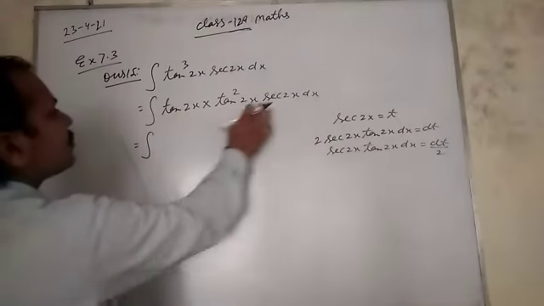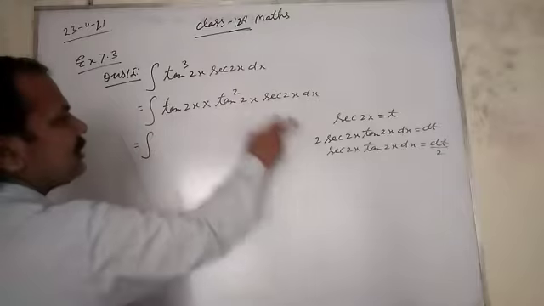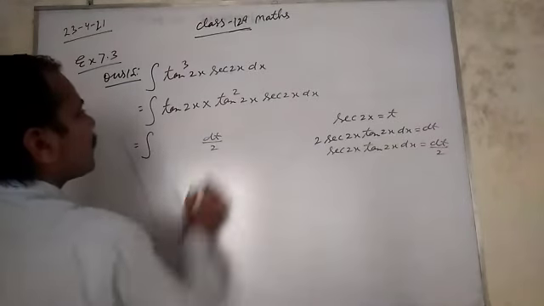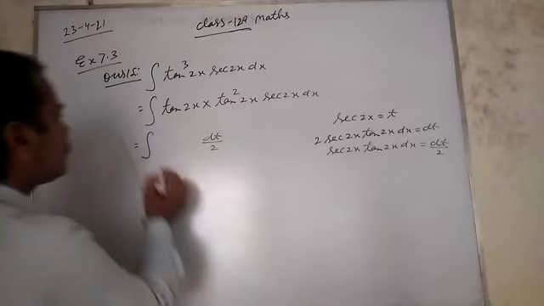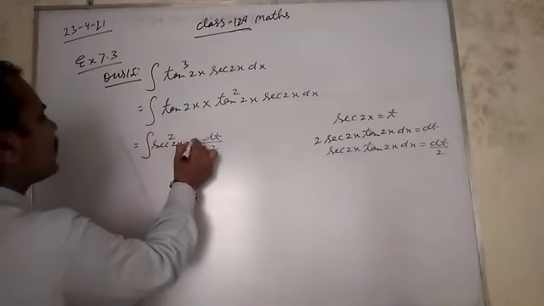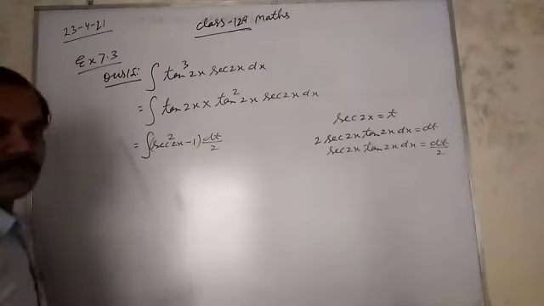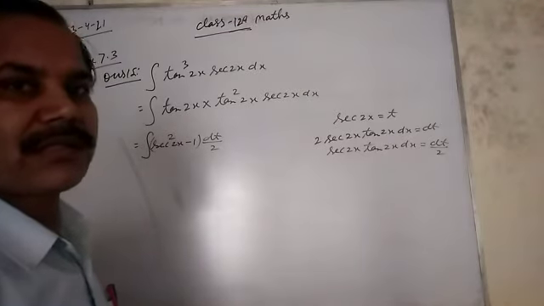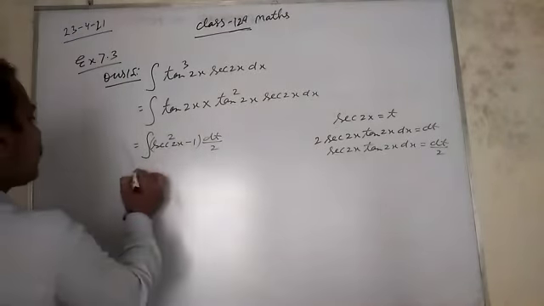Then put it here. And tan square 2x you can write as sec square 2x minus 1, since 1 plus tan square theta is sec square theta, so tan square theta is sec square theta minus 1.